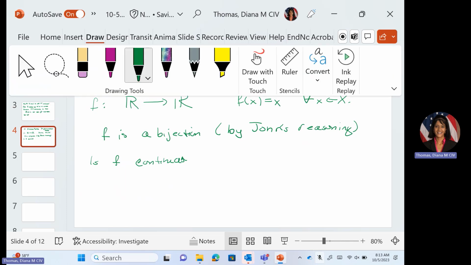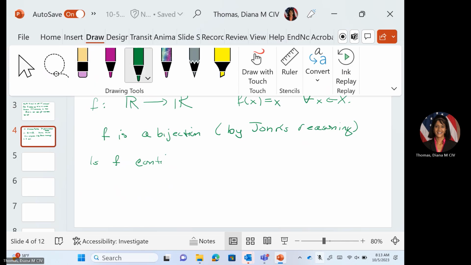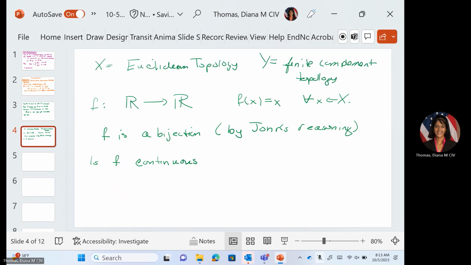So is F continuous? If I take an open set in the range, it's going to look like this.